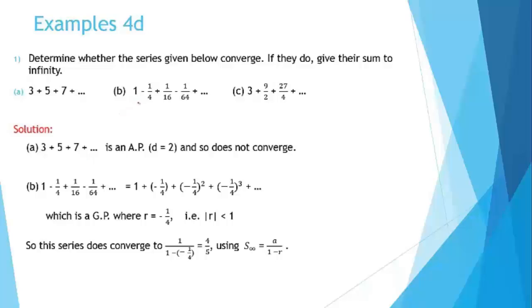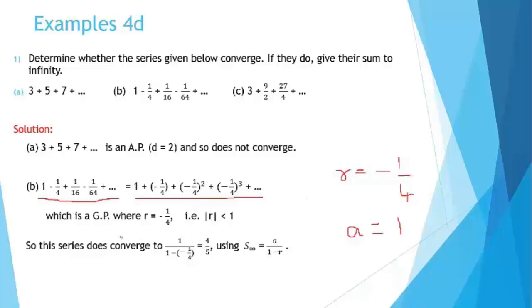But if you consider the next series, which is 1 take away 1 quarter plus 1/16 take away 1/64 plus and so on, the common ratio here is negative 1 by 4. The first term is 1. So each time the terms are multiplied by negative 1/4. The series can be written in such a way where we get the terms in powers: negative 1 to the power of 2, negative 1 to the power of 3, and so on.